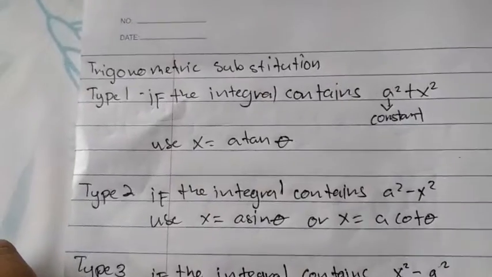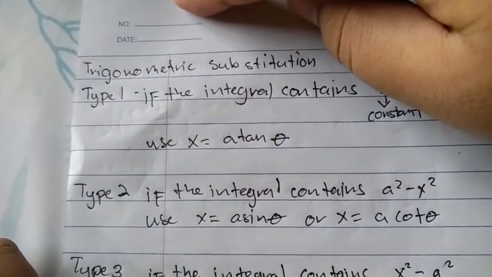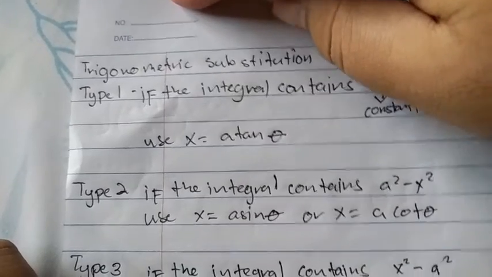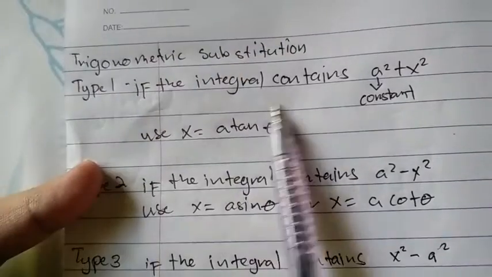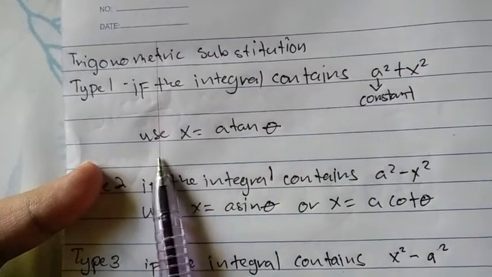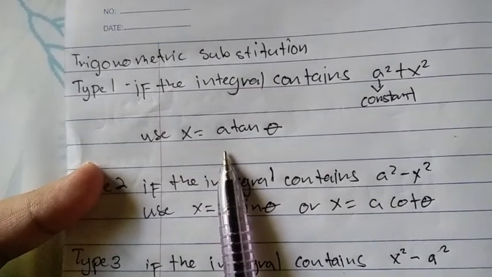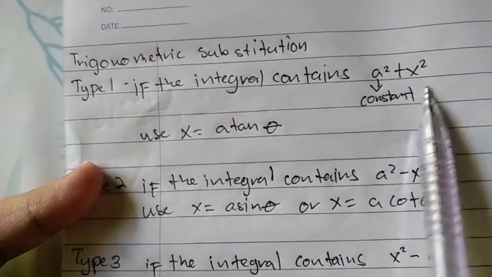So today we're going to tackle trig substitution. Trig substitution has 3 types. The first, type 1: if the integral contains a squared plus x squared, use x equals a tan theta, and this a will be a constant.